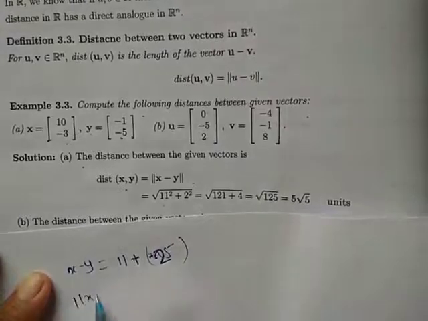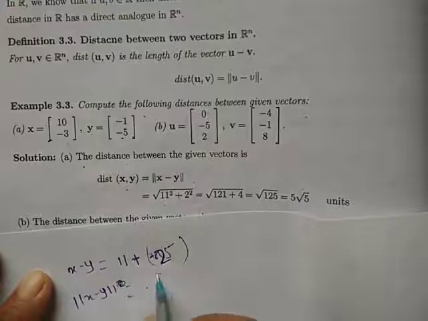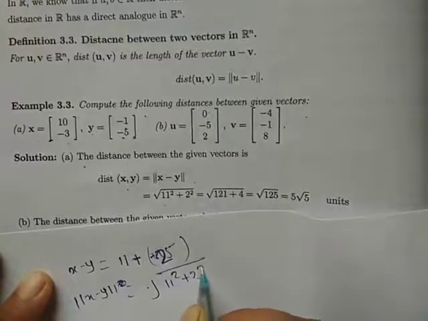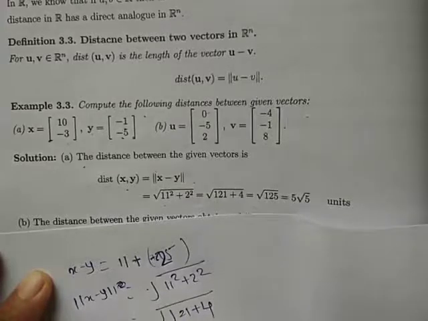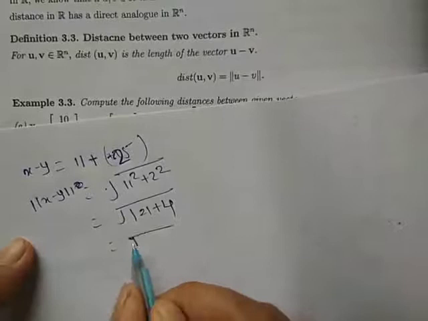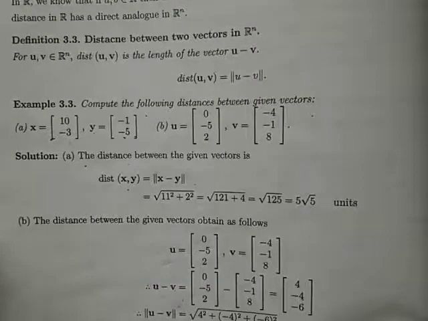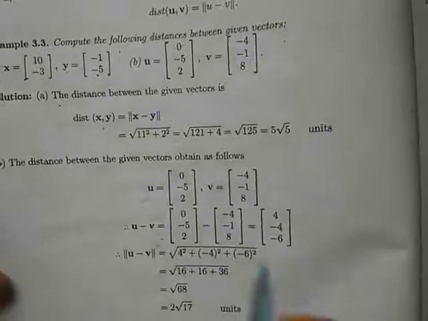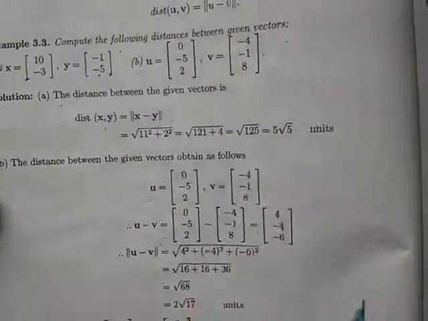So norm of x minus y is nothing but root of 11 square plus 2 square. It is 121 plus 4, which is equal to root of 125. So the distance between x and y is root of 125.